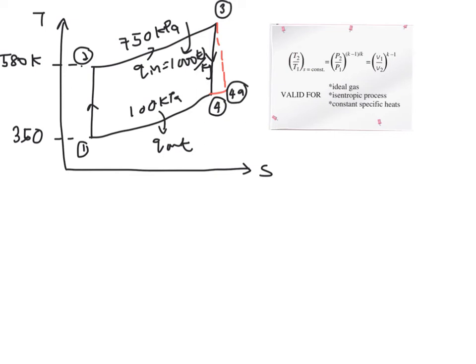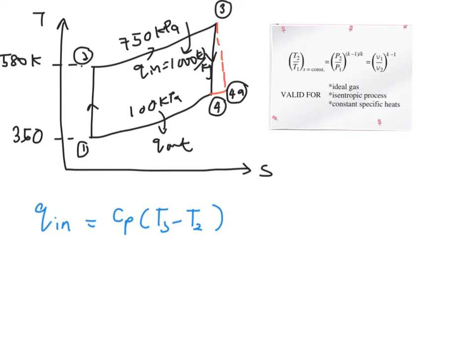you know that heat addition is actually Cp times the difference between the temperature at 3 minus your temperature at 2. In this heat addition, Cp is already given, Qin is already given to you, and also T2 is already given.